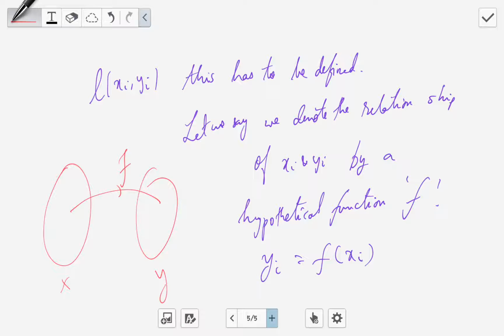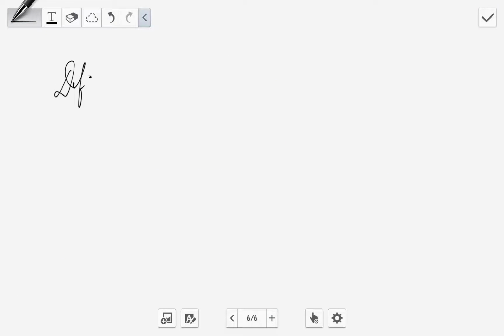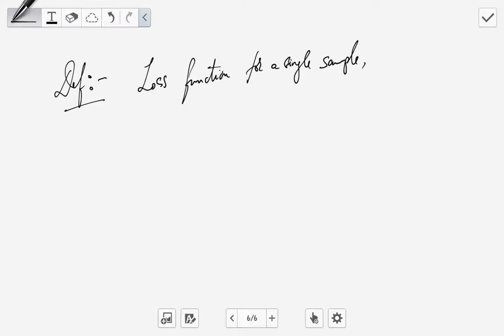Now we define this loss function for a single sample: L of xi, yi is equal to f of xi minus yi, or let us take yi minus f of xi, whole to the power p.